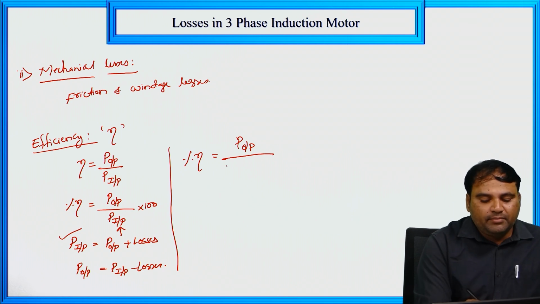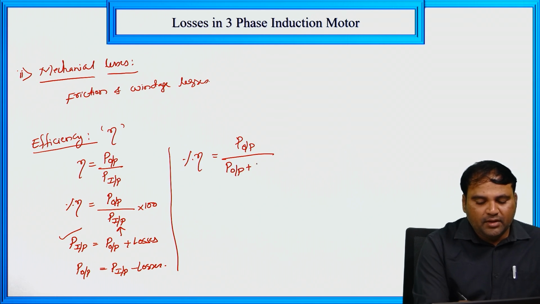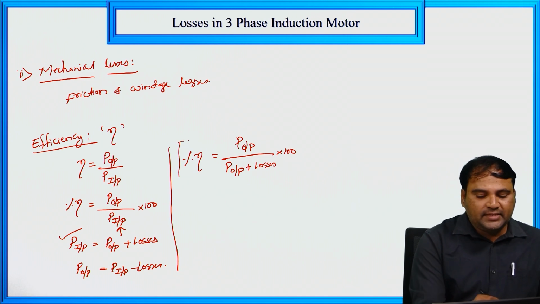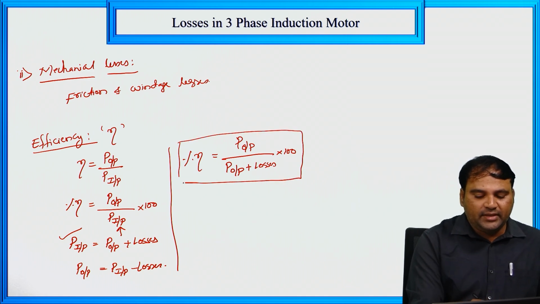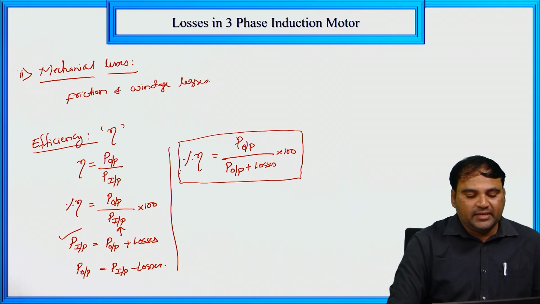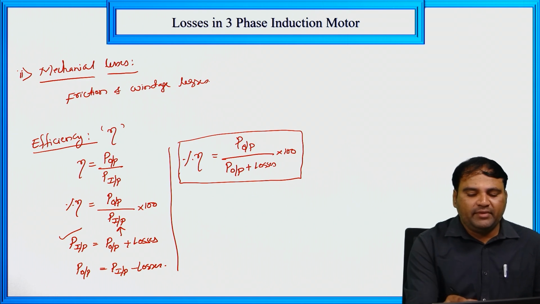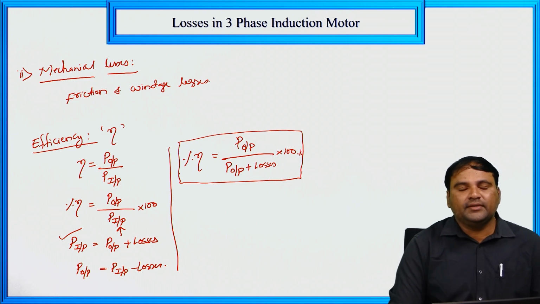The percentage efficiency equals P output divided by P output plus losses, into 100. So we have to multiply with 100.